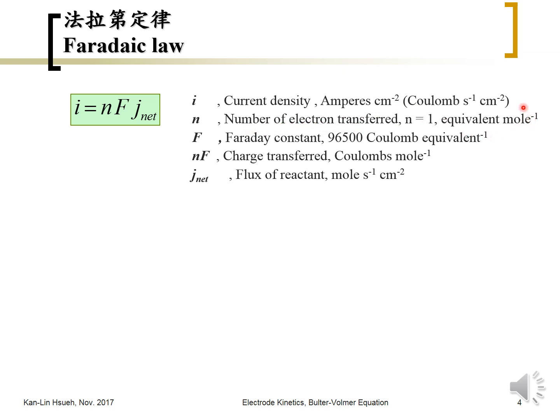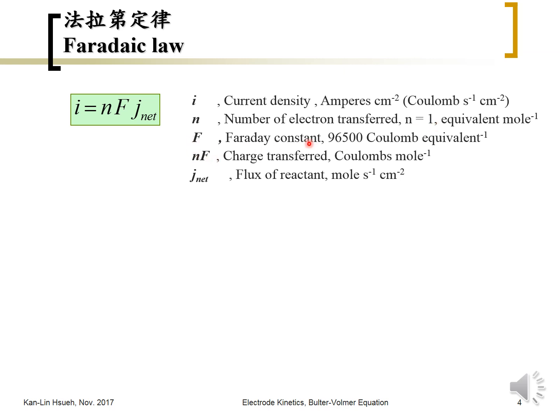That means 1 mole of cupric ion reduced to cuprous ion involves 1 mole of electrons, and the ferric ion reduced into ferrous ion also involves 1 mole of electrons. So N equals 1.